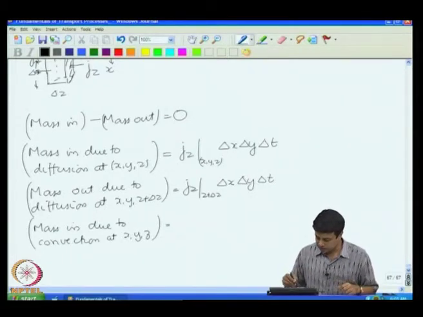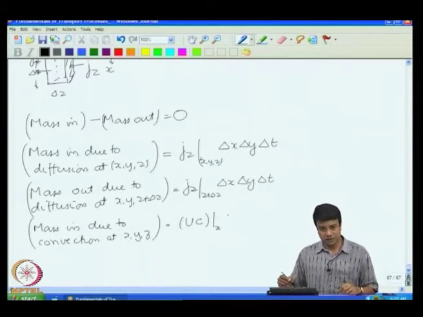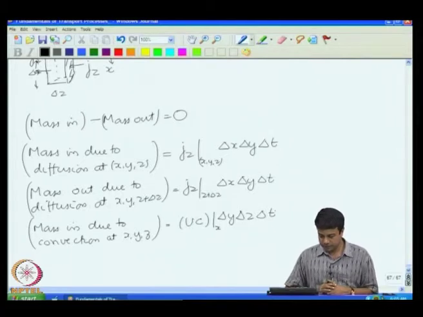So, this is going to be equal to the velocity times the concentration at x times the area perpendicular to the x direction, which is delta y delta z times delta t.